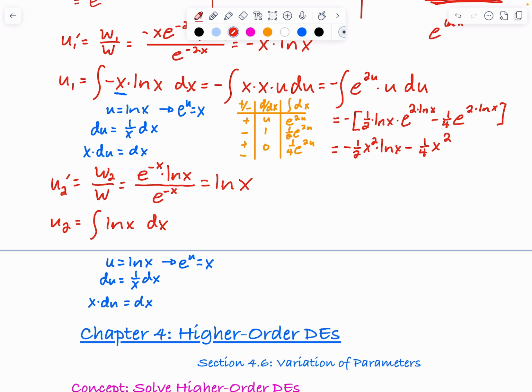So if I'm u subbing this, I have to introduce the x, so I'm going to get the integral of e to the u times u du. ln of x was u, and the x that I introduced with my dx gets replaced with e to the u.